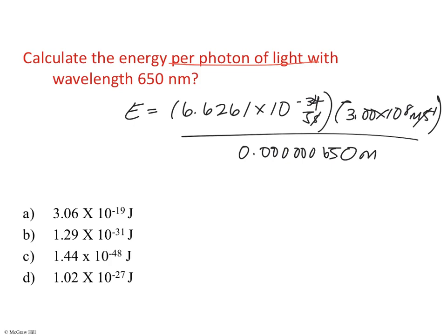I wonder if we just did this. Seems close. So the energy equals 3.058 times 10 to the negative 19 joules. So that would be A.